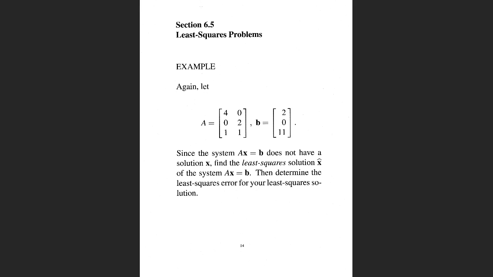Since the system AX equals B does not have a solution X, we want to find the least squares solution X hat of the system AX equals B, and then determine the least squares error for that solution.